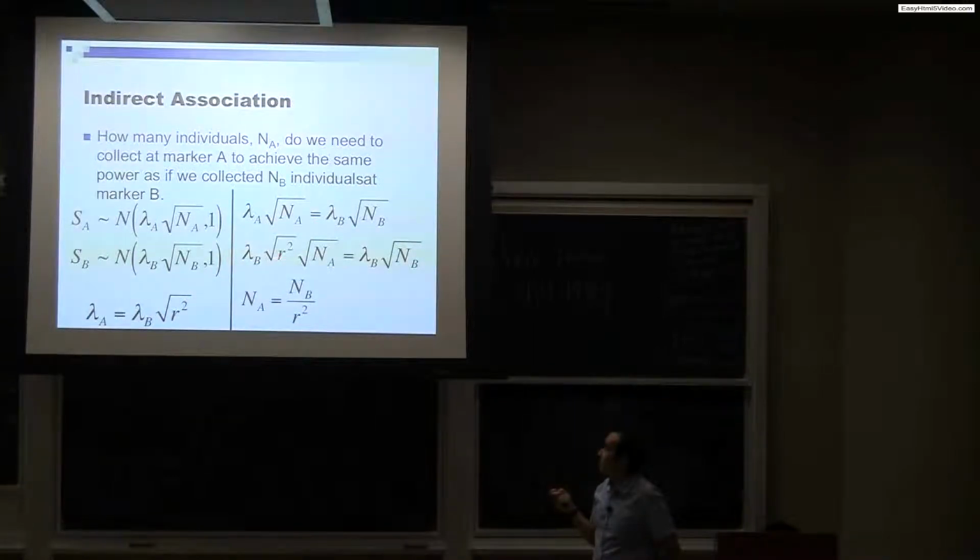If you use the rule and solve for NA, you get NB over R squared. Okay? So this is this specific thing.